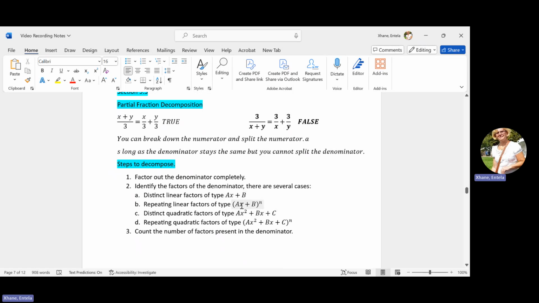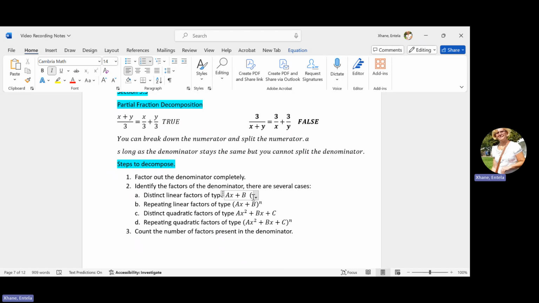Now, there is one that is deeply studied in Calculus 2. You're factoring out, and then you still have linear factors, but they are repeating themselves. So let me add an example to give you an idea what I'm referring to.